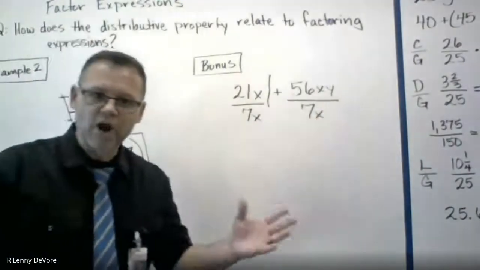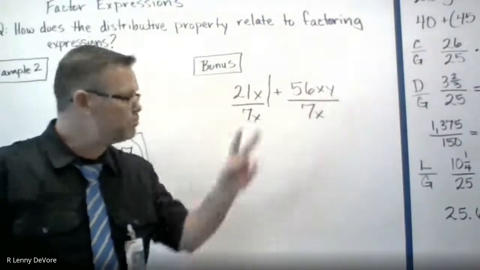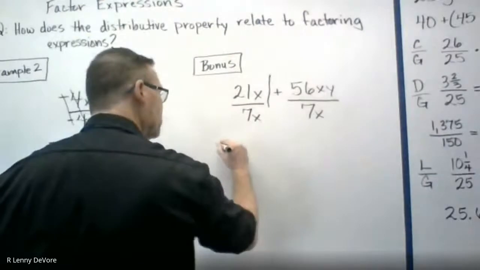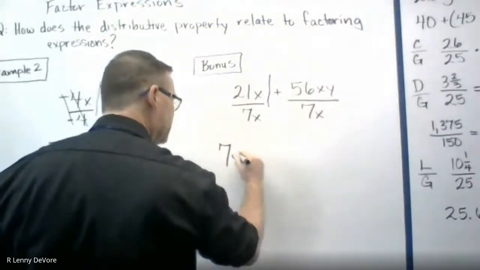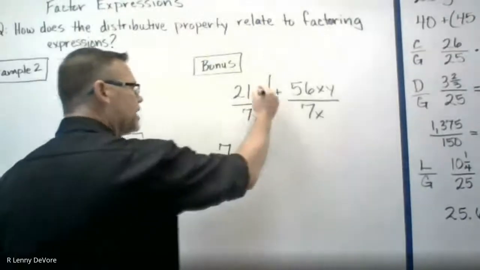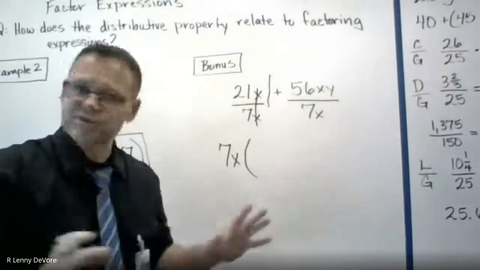See, I can factor out a variable if both of the terms have it. They both have x, so I can factor out that x. So this goes primarily the same way. 7x, right? Then I put the parentheses, okay? Now the x's cancel each other out. Anything over itself is 1, so it's gone, okay?